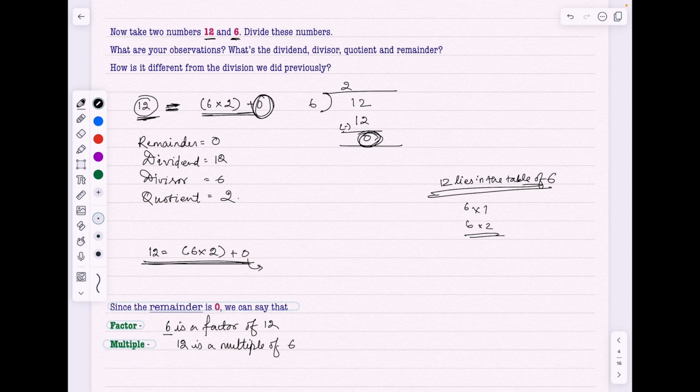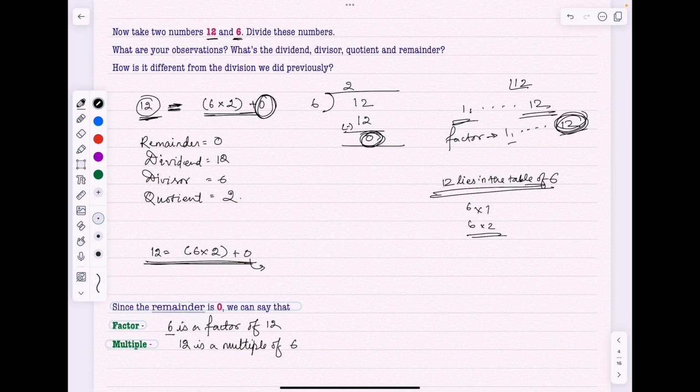Factor means, from 1 to that number, whichever numbers can divide that number are called factors.